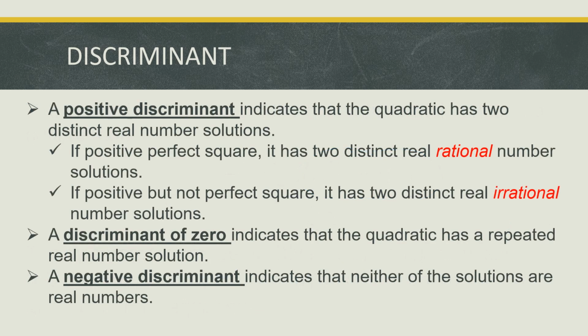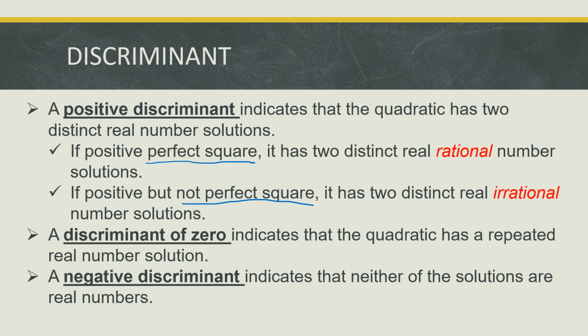We have different types of discriminant. If the discriminant is a positive number, this indicates that the quadratic has two distinct real number solutions. We have two types of positive discriminant. First is the perfect square positive discriminant, and the other one is the not perfect square positive discriminant.